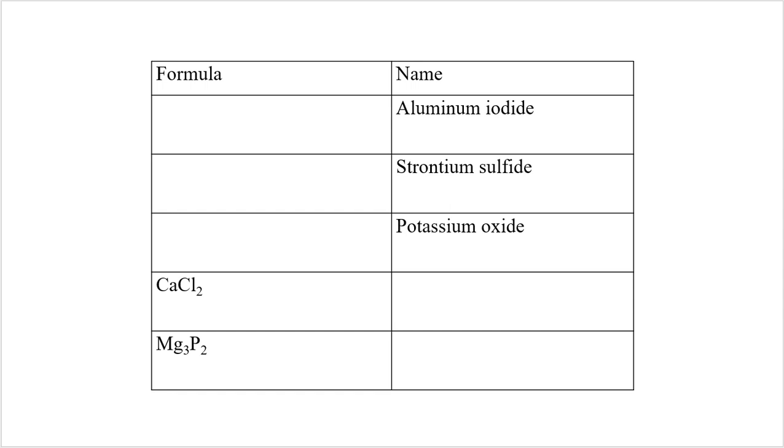Formula to name, you name the cation first, and it just gets its name. So that's calcium, and that's the cation. Metals make cations. Nonmetals make anions.